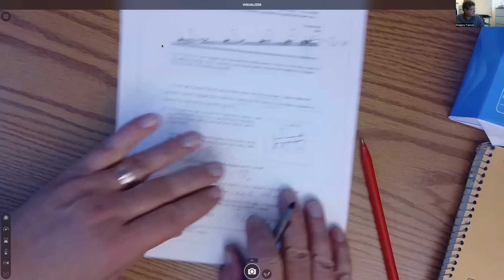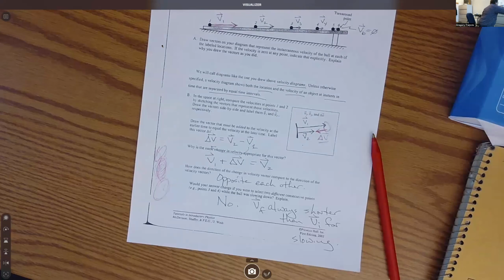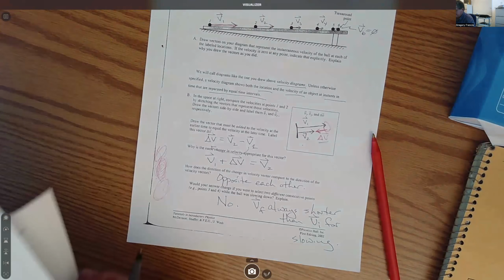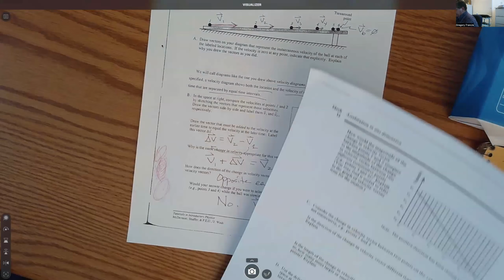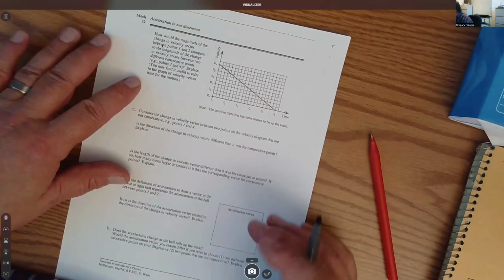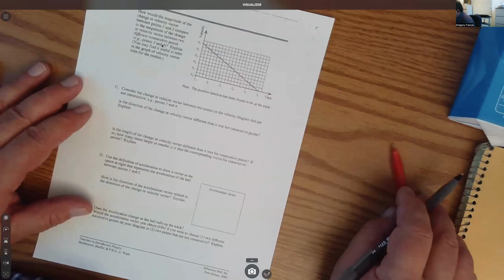If I go to the second page here, I'm given some information.